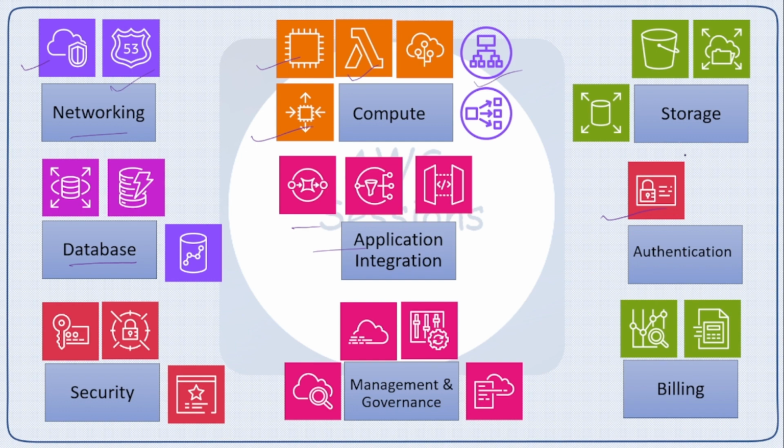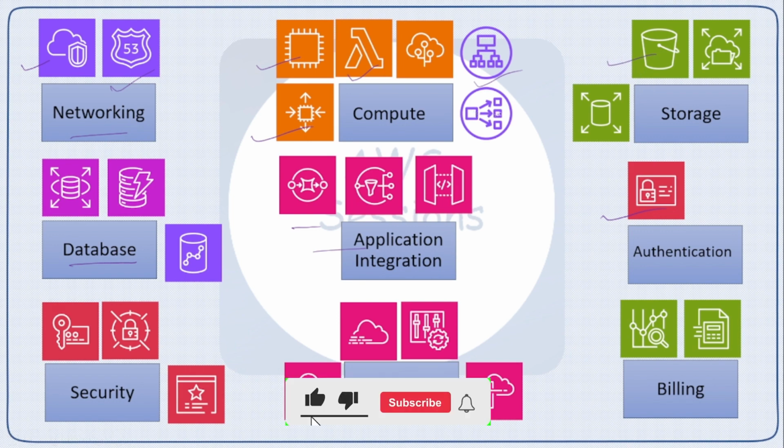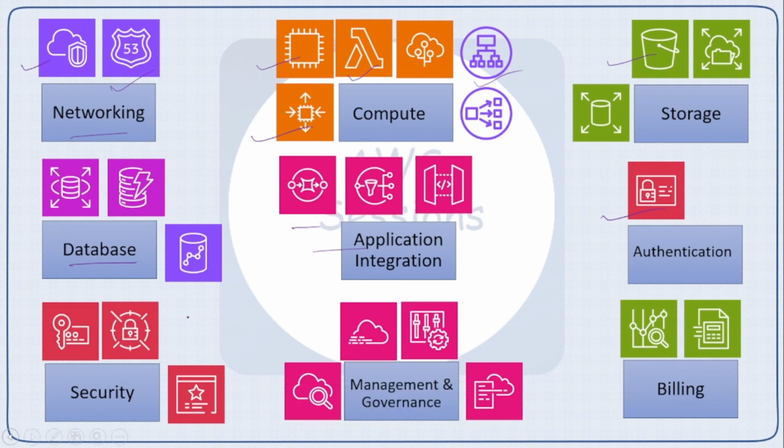Then storage, we have multiple storage categories available in AWS. We'll be covering S3. Then we have EBS volumes or EFS. For security, we have KMS for encryption, and then we have Secrets Manager for storing the secrets. We have Certificate Manager. Then for management and governance, we have CloudTrail and CloudWatch, with which we can see our billing also, and which service is consuming how much money.